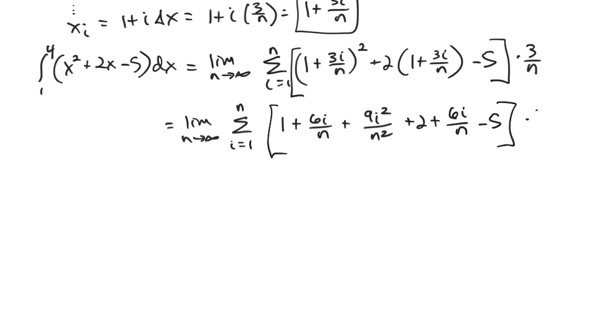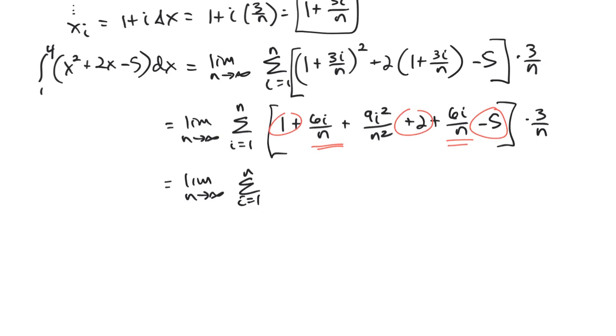And then I've got the 3 over n here that still has to get distributed. So let's see what we've got. I'm going to look for like terms here. So we've got 6i over n, 6i over n. And of course, we've got these numbers that can be combined.